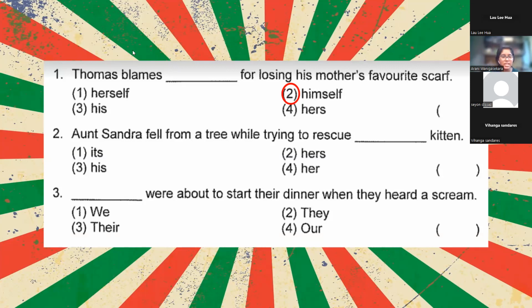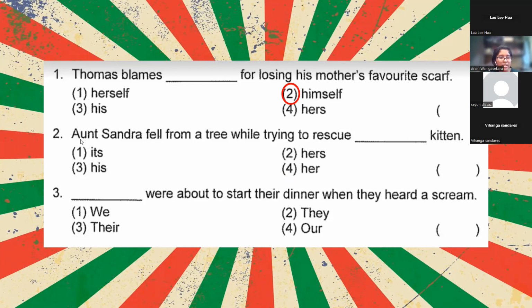Okay, so you can't use his because it doesn't really fit into the sentence. You can't say Thomas blames his for losing his mother's favorite scarf. It should be himself. And you can't use hers because again, it's a gender problem, right? Okay, so we'll move on to the next question.